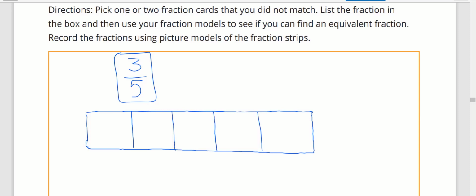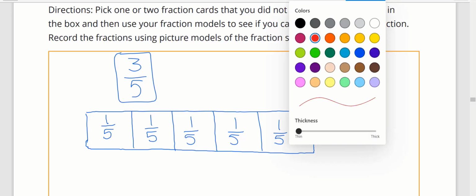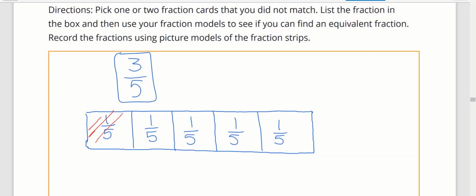Each part is a fifth. Three over 5, so we will shade 3 parts. 1, 2, 3.